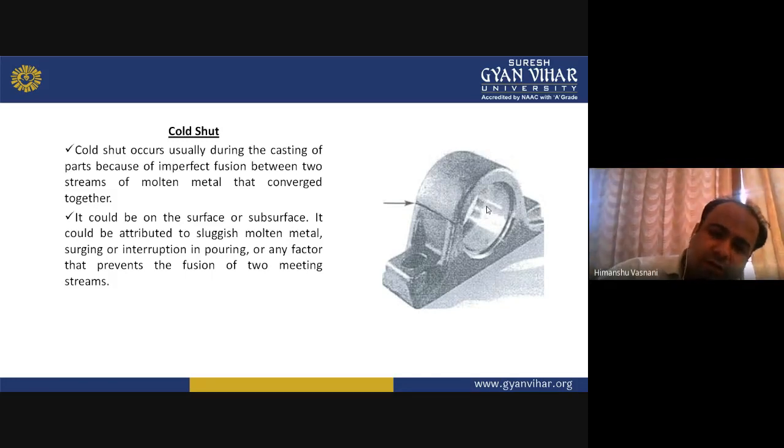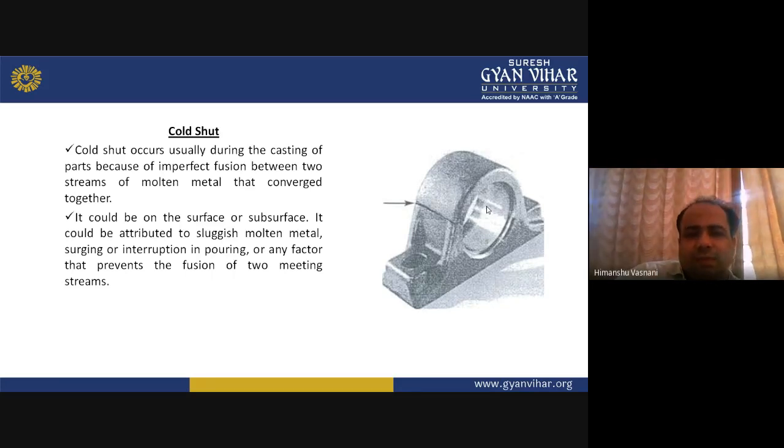Now, cold shut usually occurs during the casting of parts because of imperfect fusion between two streams of molten metal that converged together. When you are casting, you normally try to make an alloy, mixing two metals to get a new metal.